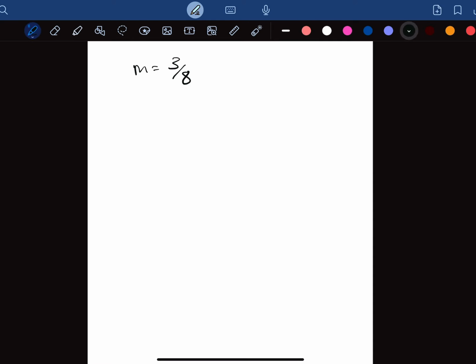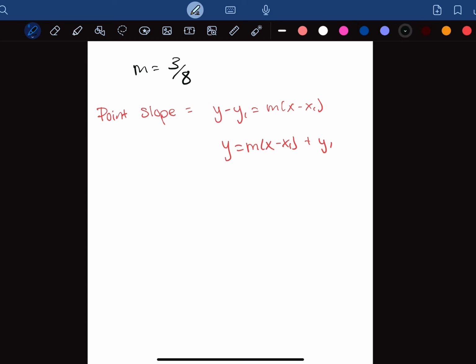So m is equal to 3/8, and then our point slope formula is y minus y1 is equal to m times x minus x1. So you can say that y is equal to m times x minus x1 plus y1. Our m is equal to 3/8, we already have that up here.